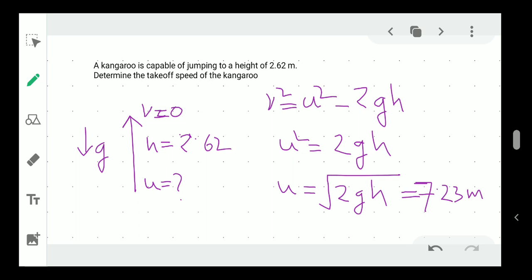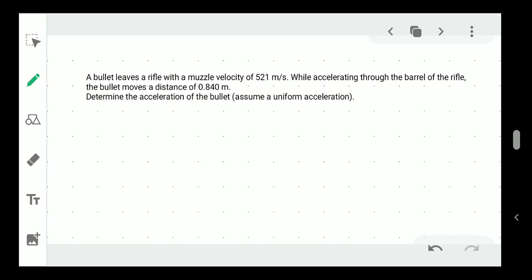Oh, it will be 24 actually, because the next number is 8, so approximation will come, so it's 7.24 meter. So this kind of maths is going to come.